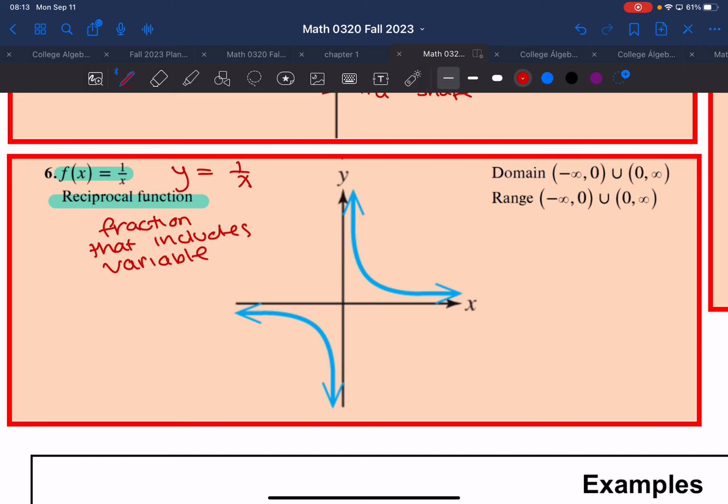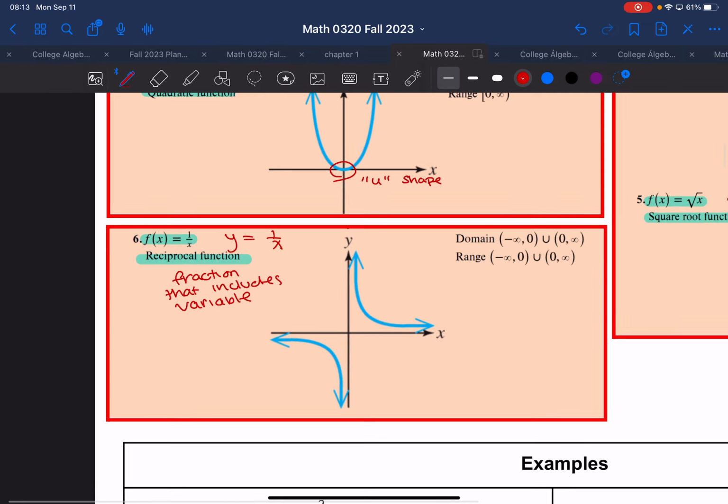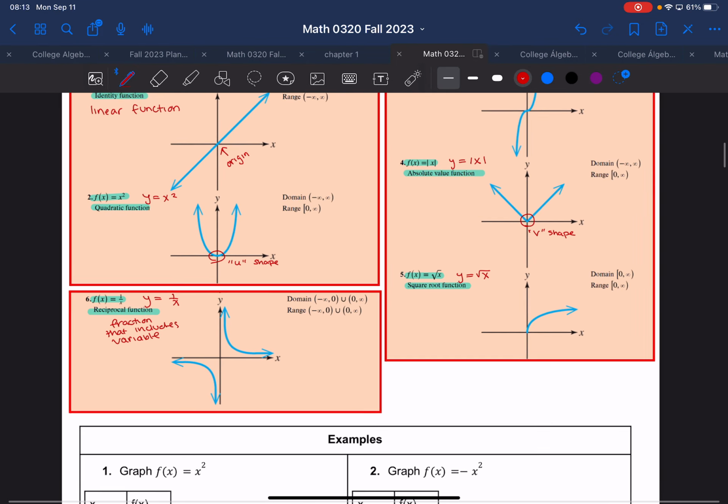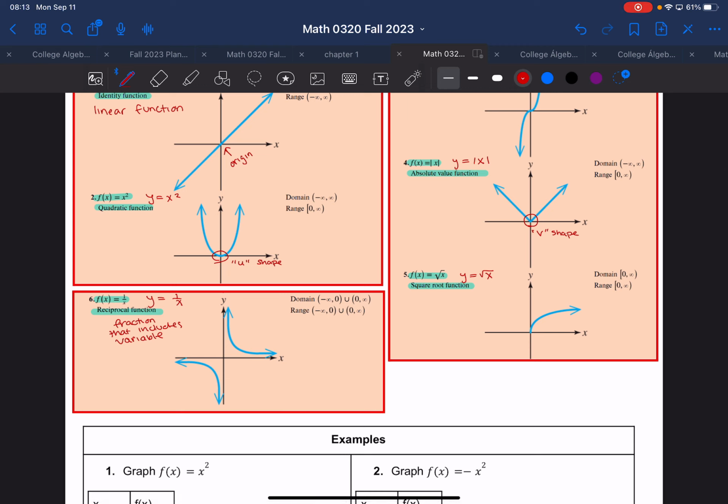With the reciprocal function, you're always going to have what looks like almost the quadratic function, but it's going to be two of them going in opposite directions. So we could see one that's looking like this in these directions. It could be represented in these directions. As long as there are two curves on that graph, it is a reciprocal function.